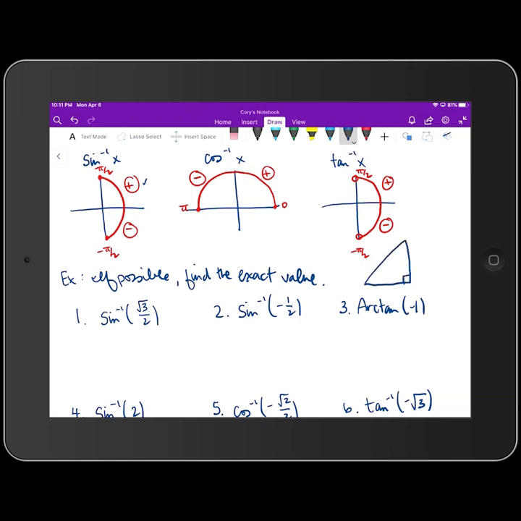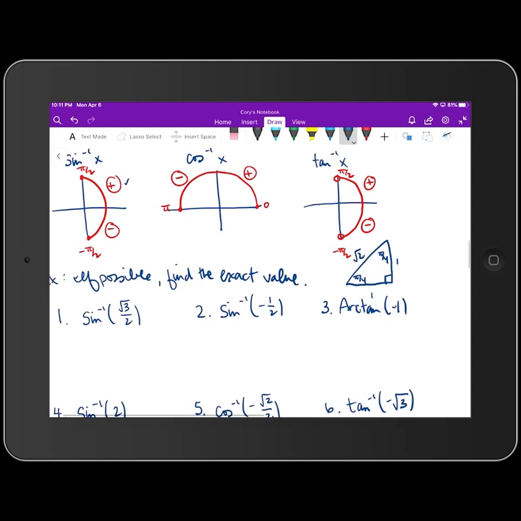So 45 degrees is the same thing as pi over 4 radians. In that triangle, the side opposite the angle pi over 4 is 1, and the hypotenuse is rad 2. And then I'm also going to draw a 30, 60, 90 right triangle, where 30 degrees is pi over 6 and 60 degrees is pi over 3.